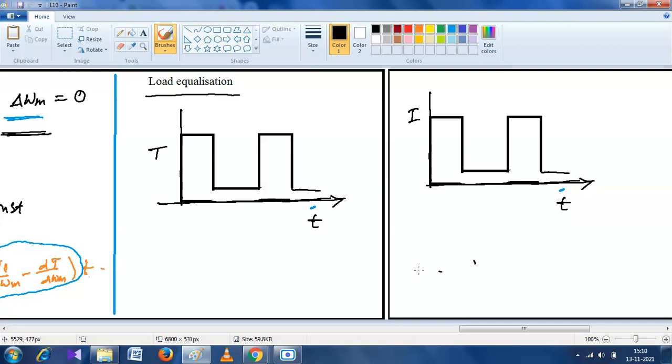There are so many electric hammers or say electric cutting tools like that. There are so many machines. The nature of the current with respect to time is like the diagram. Also in the case of a pressing machine, the current with respect to time is like the diagram.